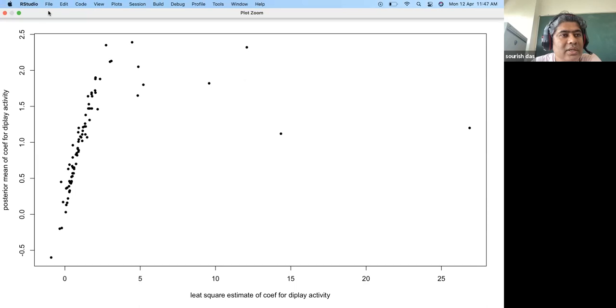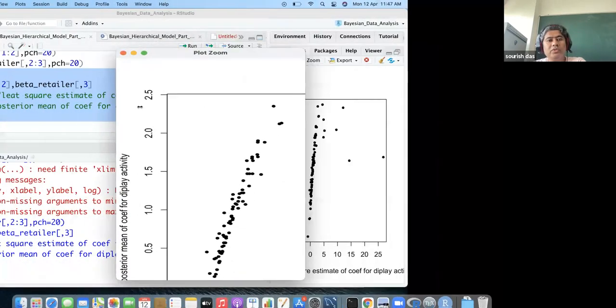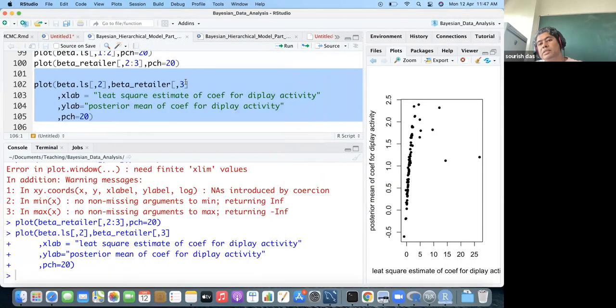So two things we are seeing. One is OLS estimates most of the time do a good job, but OLS estimate is also very highly prone to leverage, highly prone to noise.